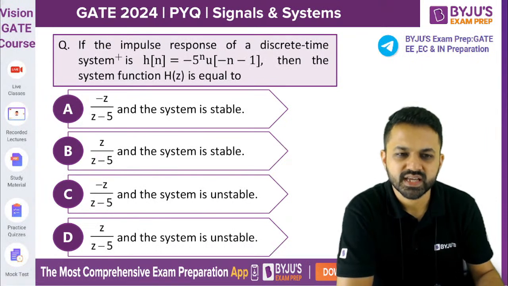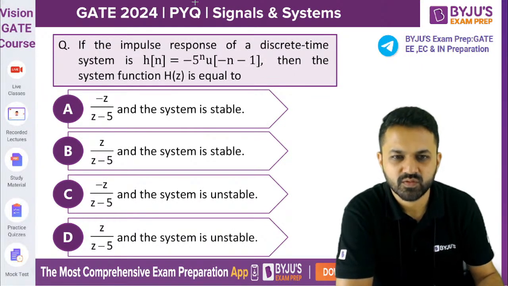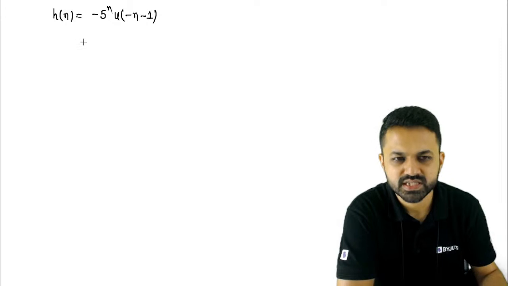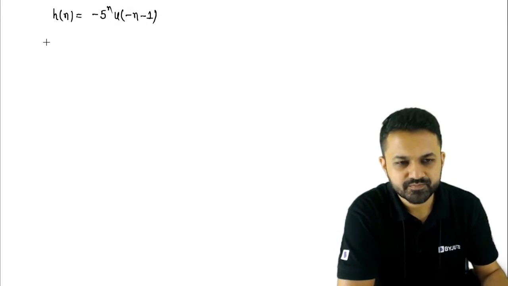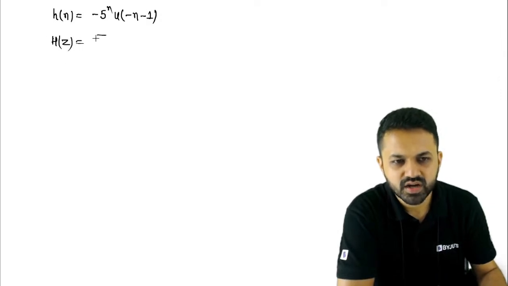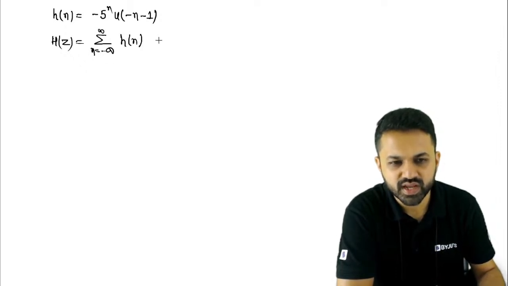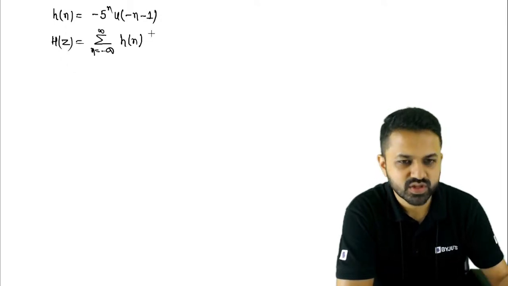And we are asking what is the z transform of this and whether the system is stable or not. First of all, what is the definition of the Z transform? To calculate the Z transform, the definition is summation n equal to minus infinity to infinity h of n z to the power minus n.